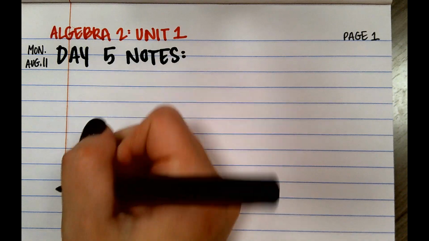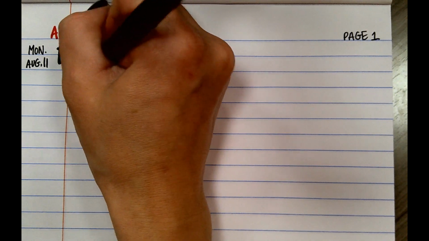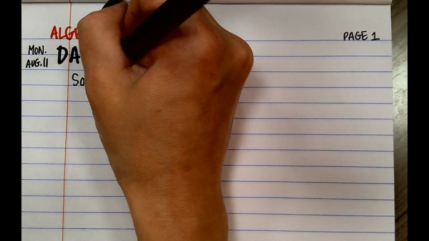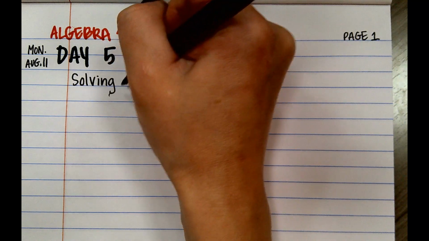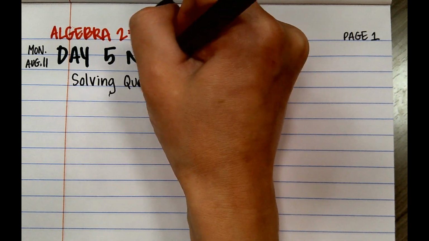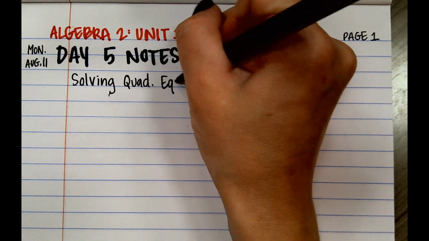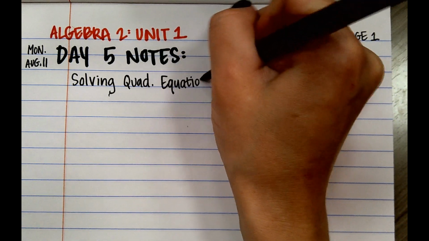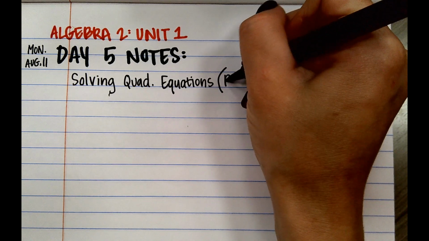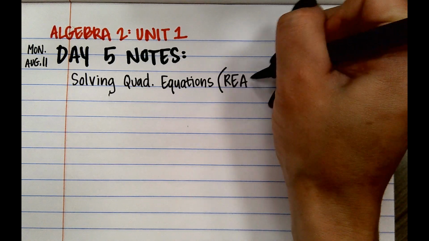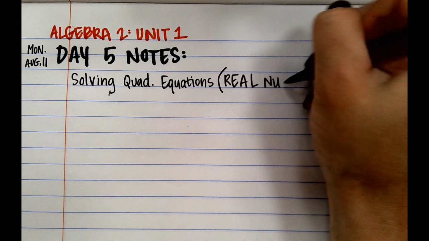Okay, so I'm just going to write here solving quadratic, and I'm going to abbreviate quadratic, equations, and in parentheses I'm going to write, just like the worksheet says, real numbers.